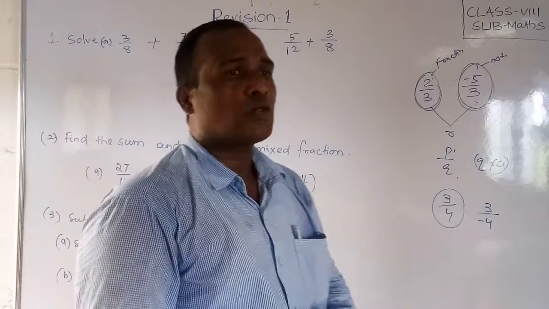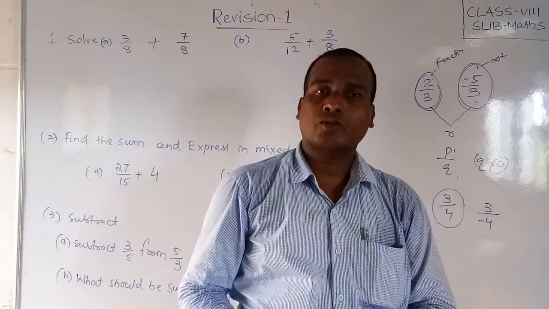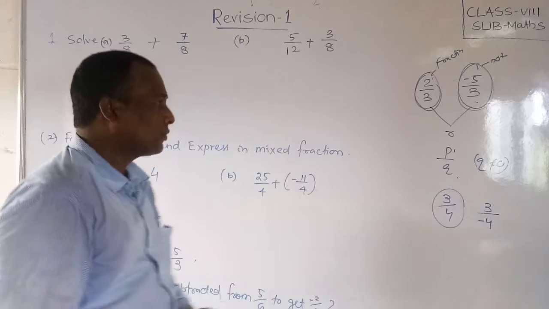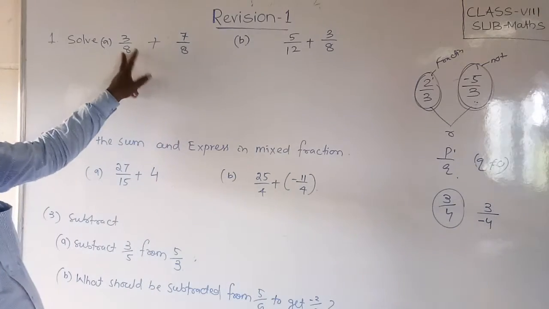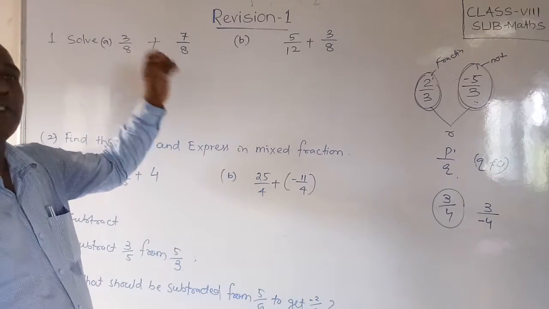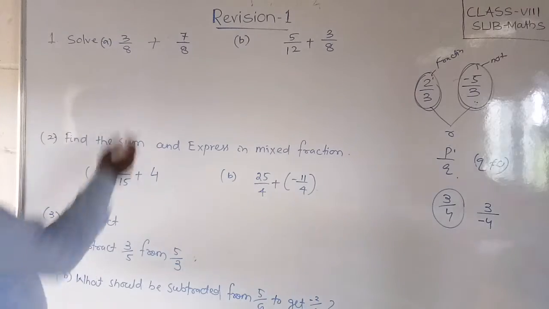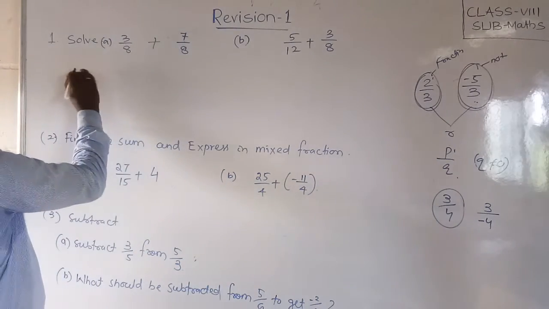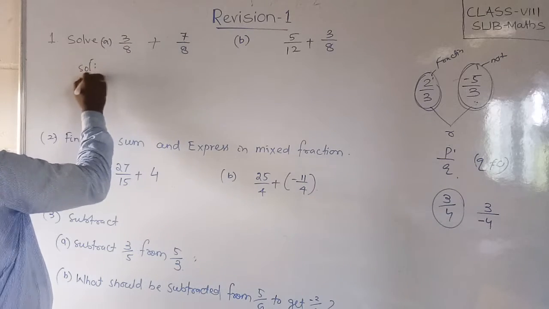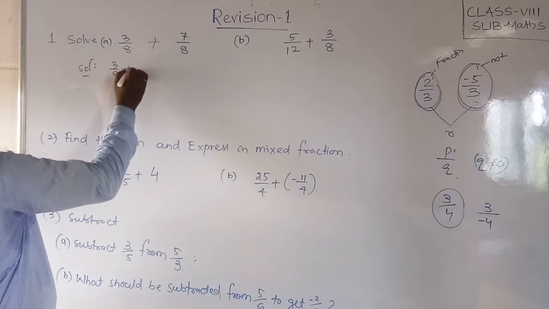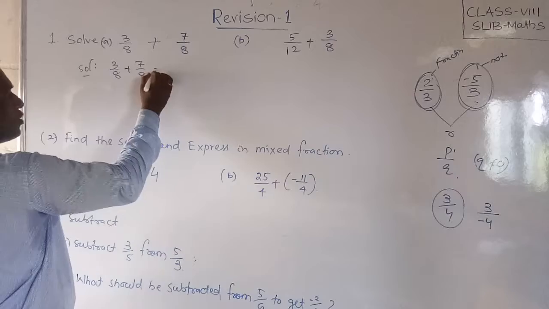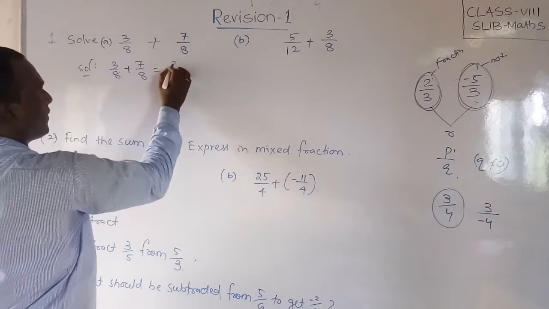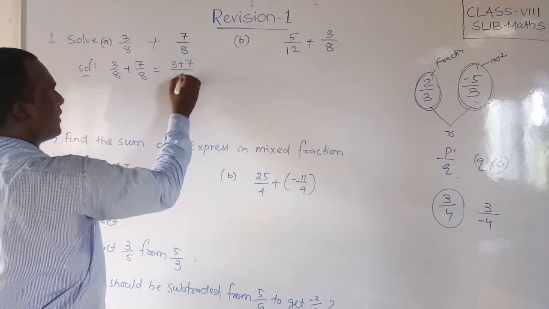Students, there are many methods, many ways we can add. Observe that if both denominators are the same, then in the process your numerator should be added and the denominator stays. Now the solution: 3 by 8 plus 7 by 8 is equal to 3 plus 7 by 8.